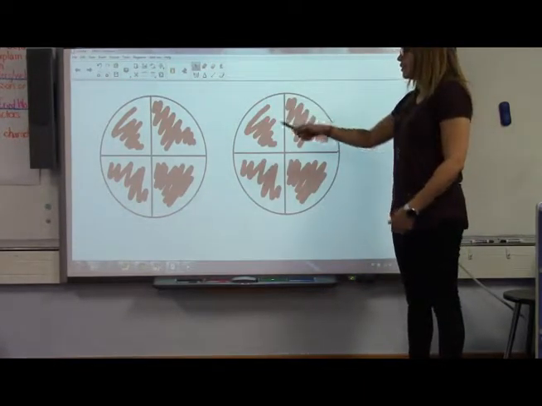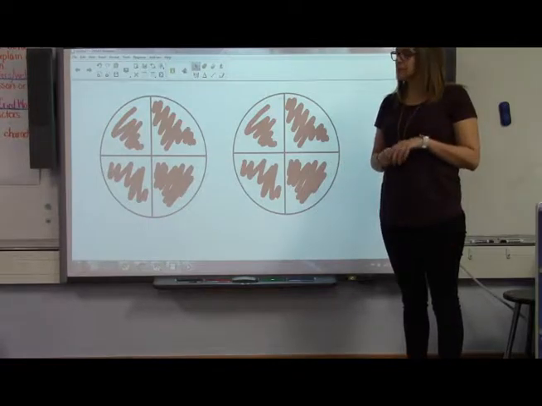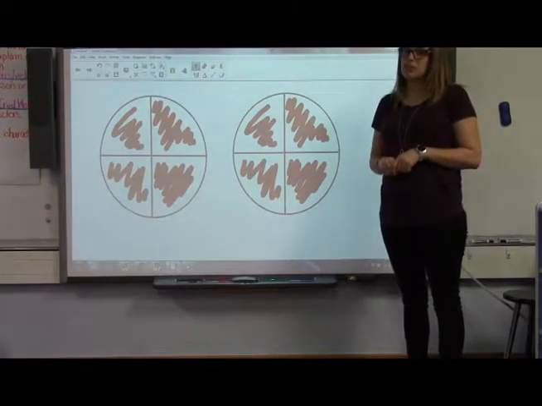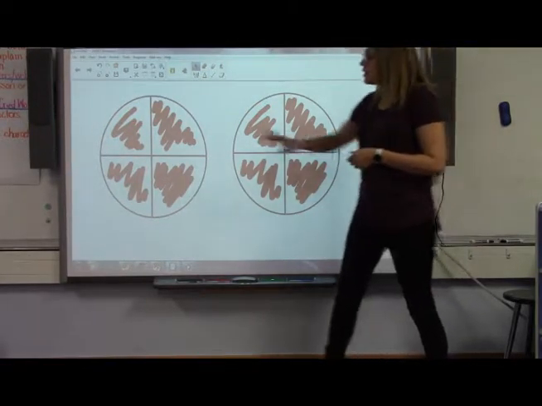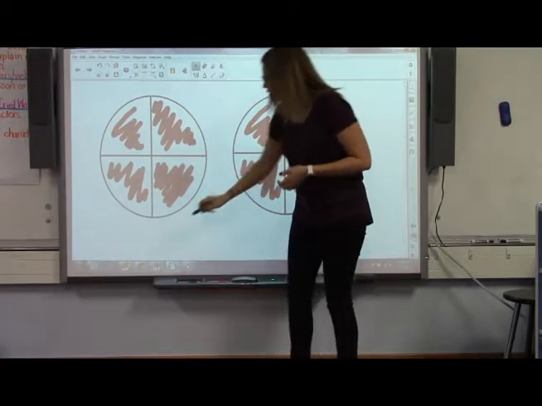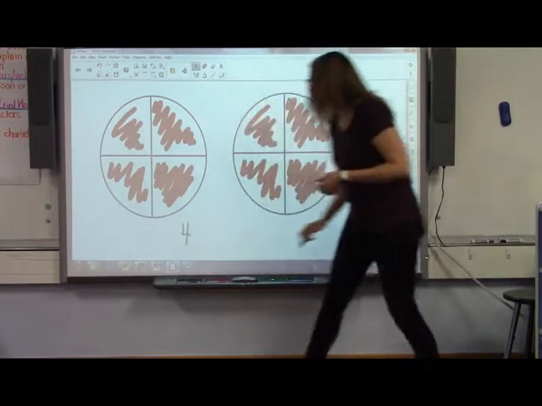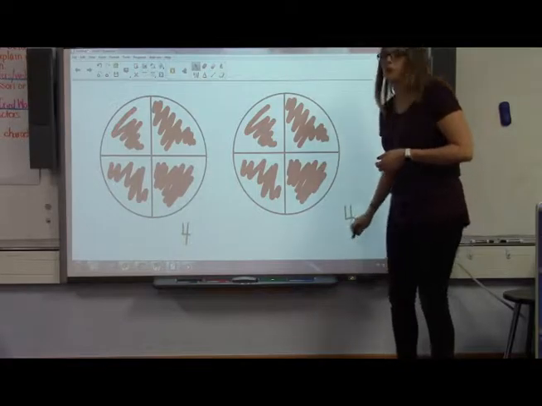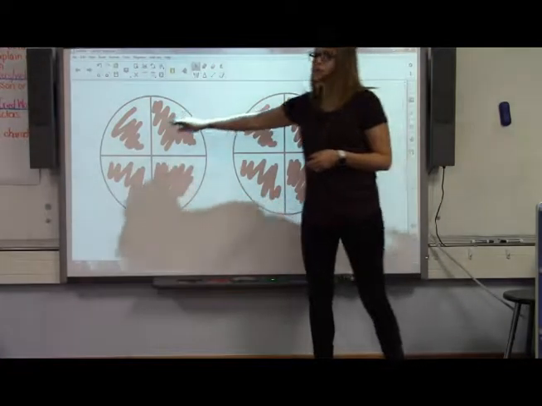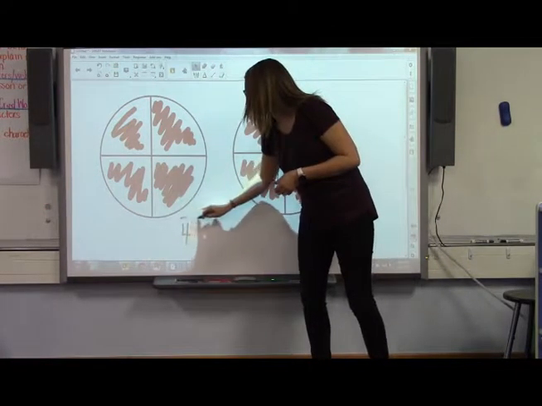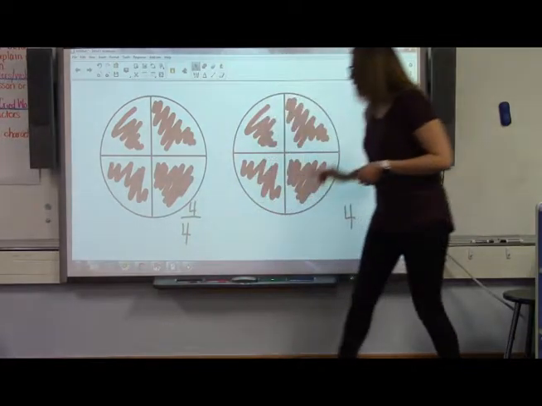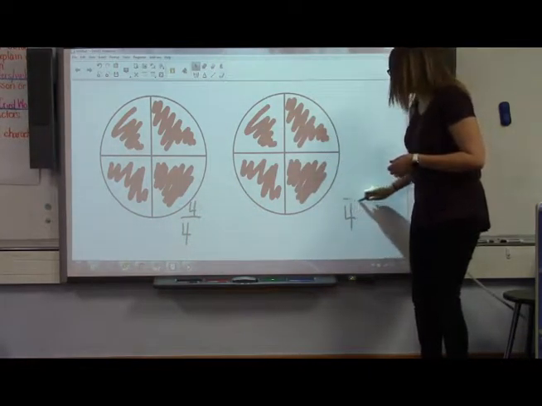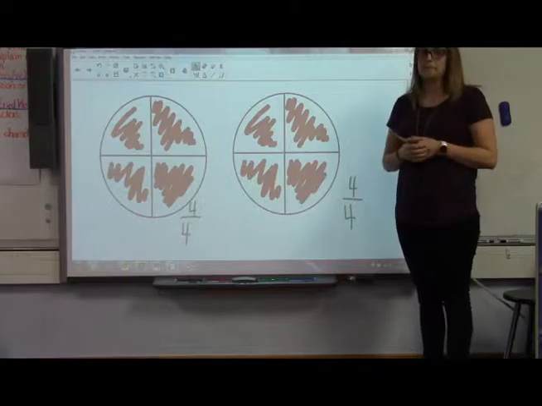Here we have 2 circles, or 2 shapes. Both of them have been partitioned the exact same way. This one has been partitioned into 4 equal parts, and this one has been partitioned into 4 equal parts. 4 of these parts have been shaded, so our numerator will be 4, and 4 of these parts have been shaded, 4 out of 4.